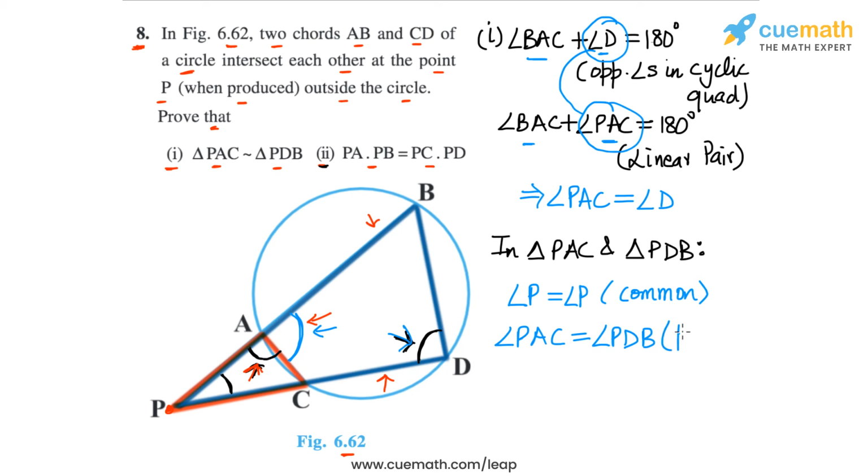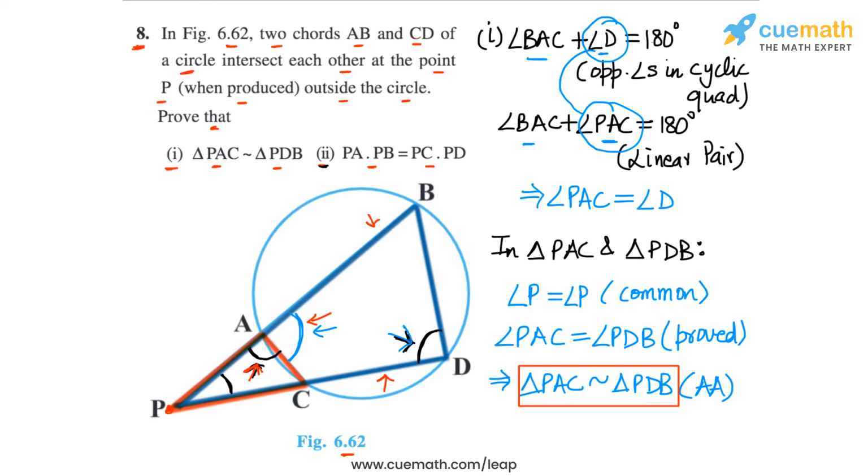Okay, so this is something we have proved. So from these two we can say that triangle PAC is similar to triangle PDB using the AA similarity criterion. So this is what we had to show in part 1. So this completes part 1.